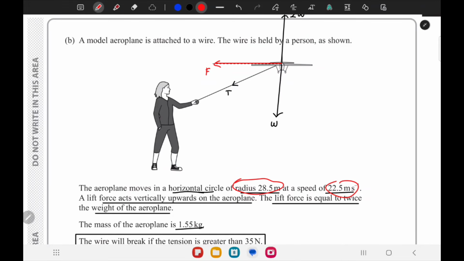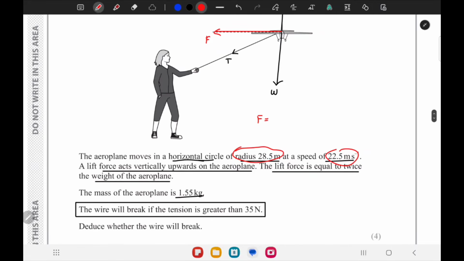If I write this, F would be equal to mv square by r. V square by r is the acceleration and we have the mass over here. So 1.55 into 22.5 squared by 28.5. This is 4185 by 152.